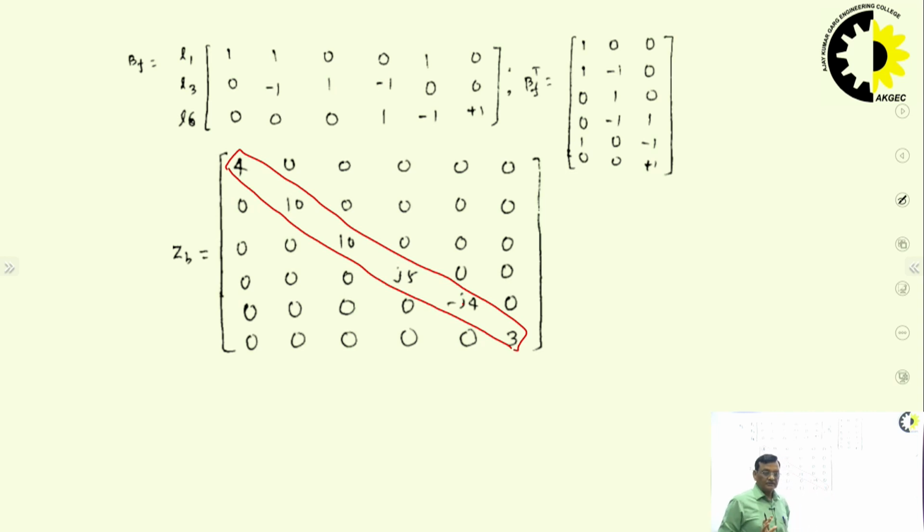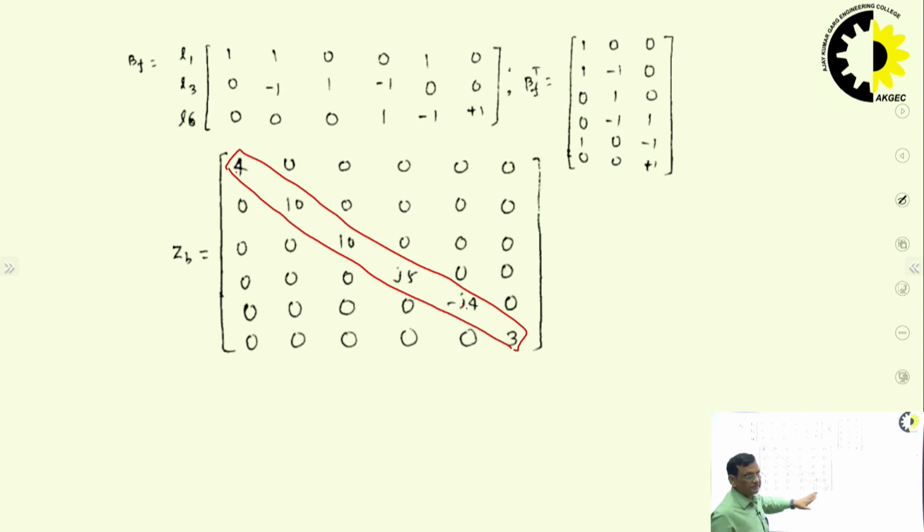Here, the off diagonal elements are 0 because in the given network there is no mutual inductance present, there is no coupling between the branches. So the off diagonal elements are 0. The diagonal elements are the self impedance of the branches: first, second, third, fourth, fifth. So this is Z11, Z22, Z33, Z44, Z55, Z66.